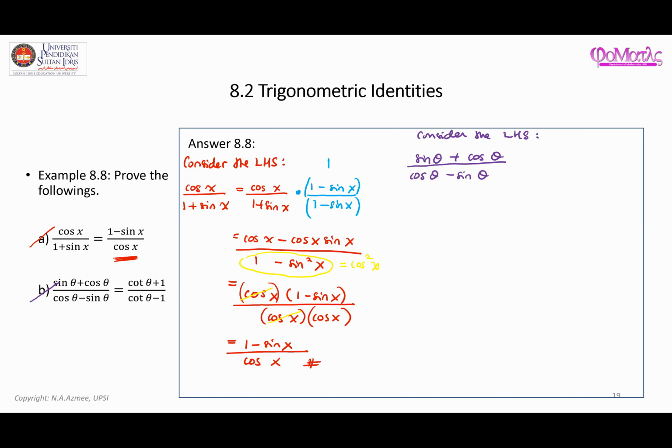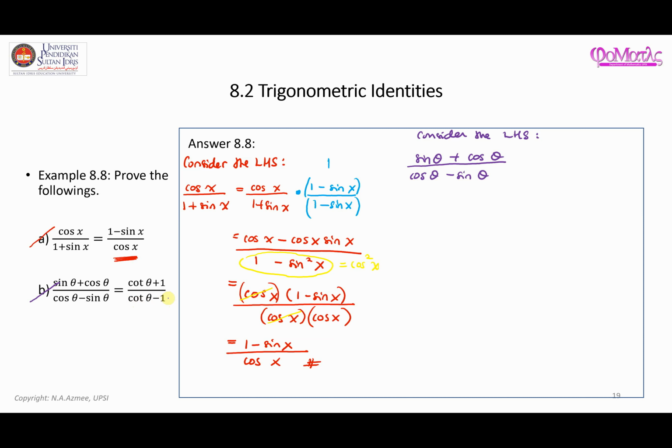For this question, I need to manipulate this expression so that I have something that looks like cotangent theta minus 1. Now I need to have minus 1.